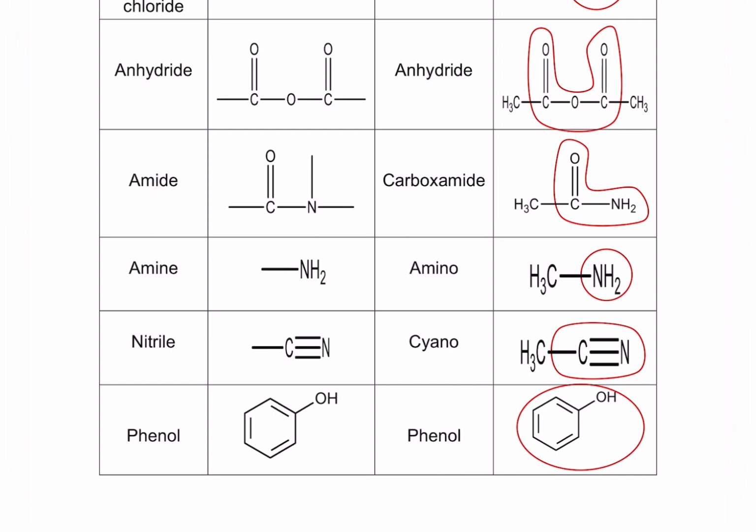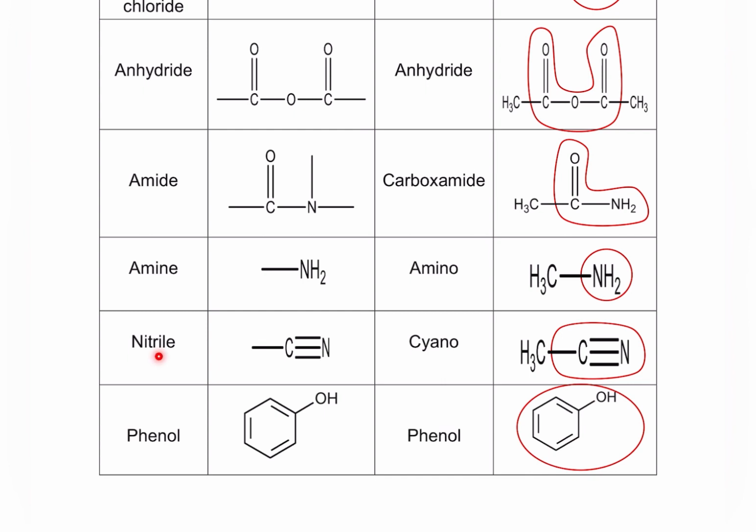Next, we got amide, C double bond O, single bond N. The name of the functional group is carboxamide. Next, we got amine with structure NH2 bonded to any atoms. Usually it's going to be carbon. And then we got amino as the name of its functional group.